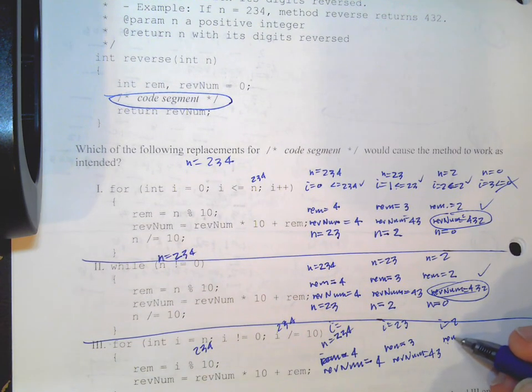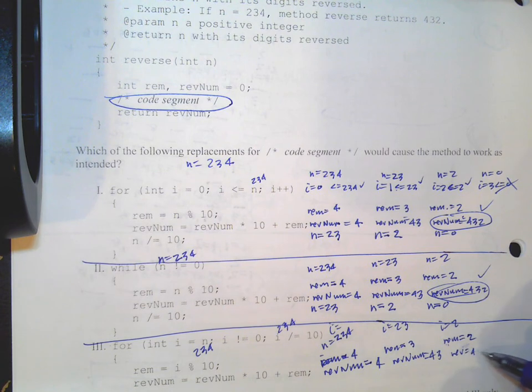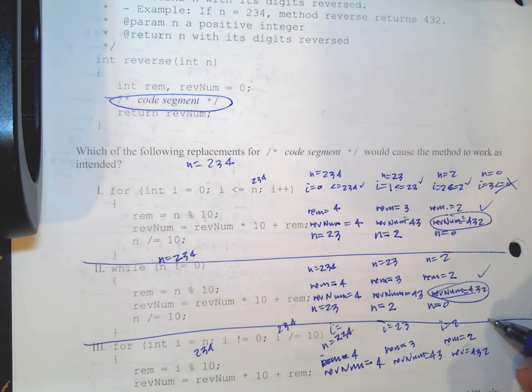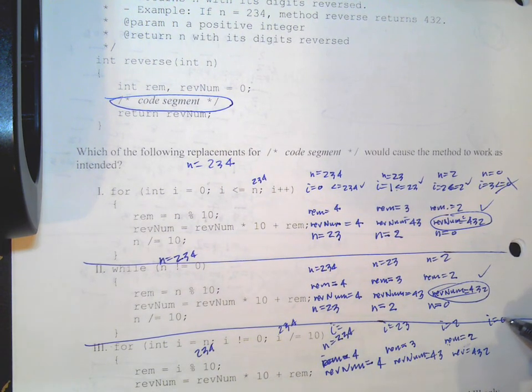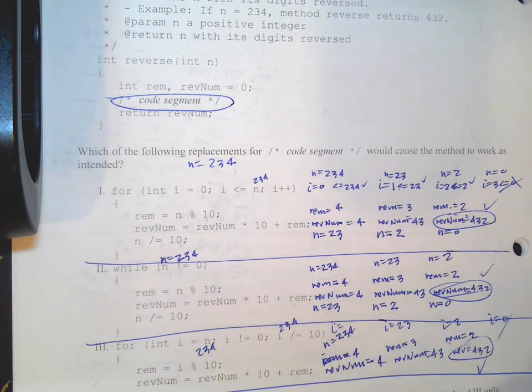So remainder equals i modulus 10 is 2, and then rev num is going to equal 432, and i is going to equal 0, and it's done. So they all seem to work, okay?